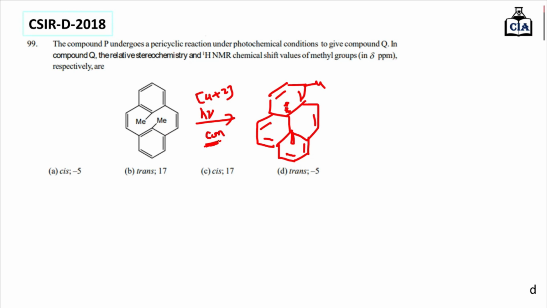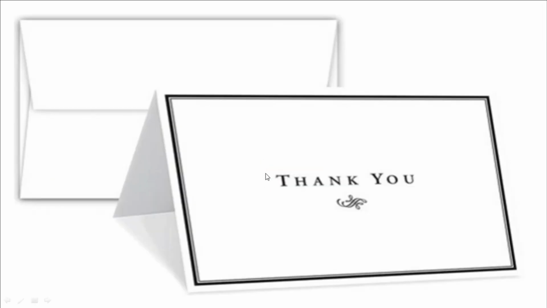So due to conrotation, the stereochemistry of the methyl group in the product is also trans. We know that the outer hydrogens are highly deshielded and the inner protons are shielded. So due to the shielding effect, the chemical shift value is highly decreased. If you look at our option D, the methyl groups are trans and the chemical shift value is -5. So our option D is the correct answer. Thank you guys for watching this video.